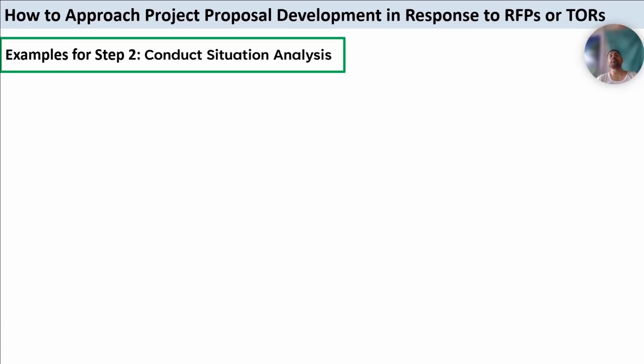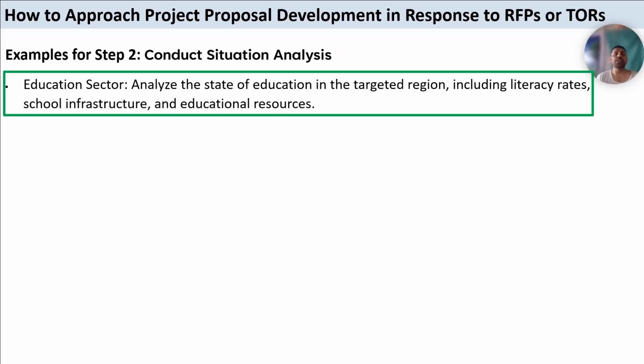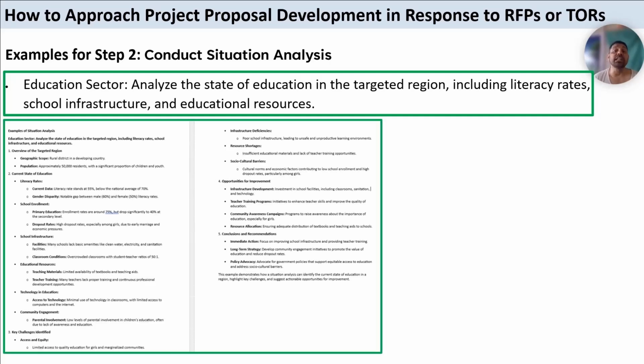Now let's discuss some examples related to step 2, situation analysis. For example, in the education sector, we will need to analyze the state of education in the targeted region, including literacy rates, school infrastructure, teachers' capacity, and educational resources, as outlined in that request for proposal or TOR.